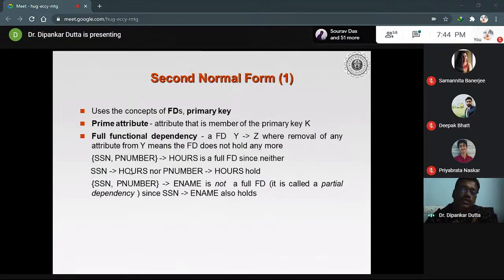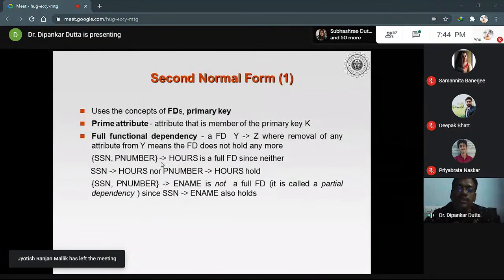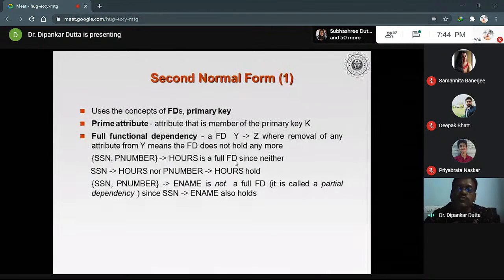I am giving an example. SSN and P number implies hours is a full FD, since neither SSN implies hours nor P number implies hours holds. SSN, P number implies ename is not a full functional dependency.